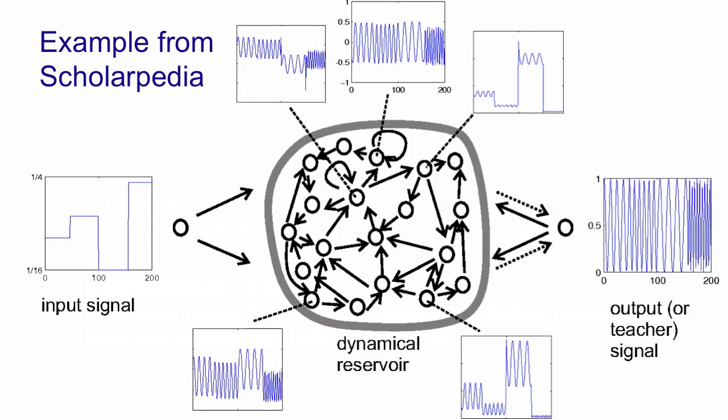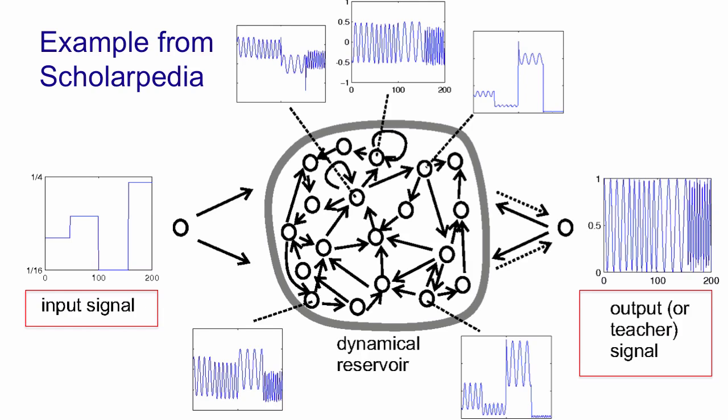So here's a picture taken from Scholarpedia of an echo state network doing this problem. The input signal is the desired frequency of the sine wave. The output signal, after it's learned, or the teacher signal when it's learning, is a sine wave with the frequency specified by the input. And the stuff in the middle is a big dynamical reservoir, so that the inputs coming from the input signal drive those loosely coupled oscillators and cause complicated dynamics that goes on for a long time.